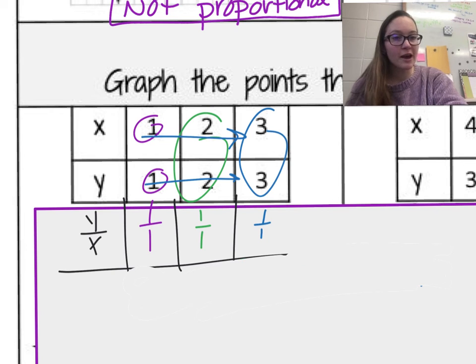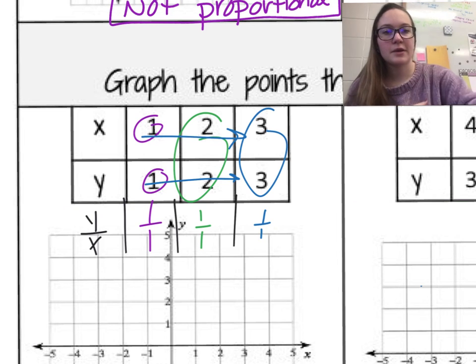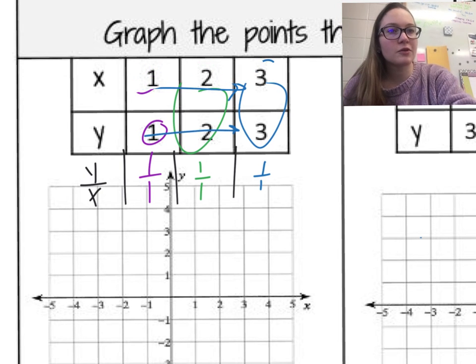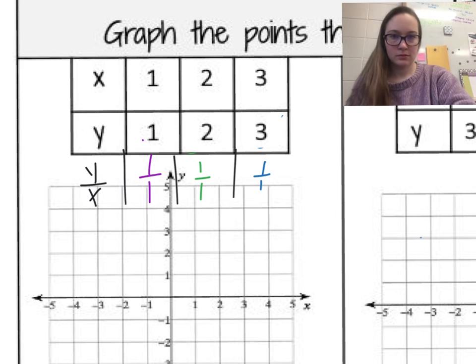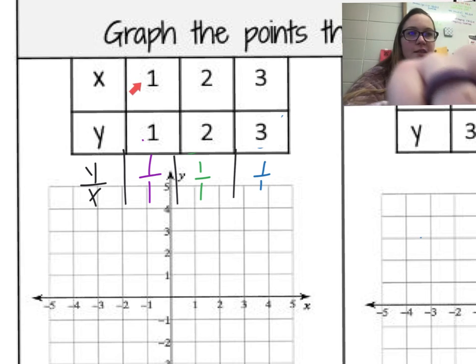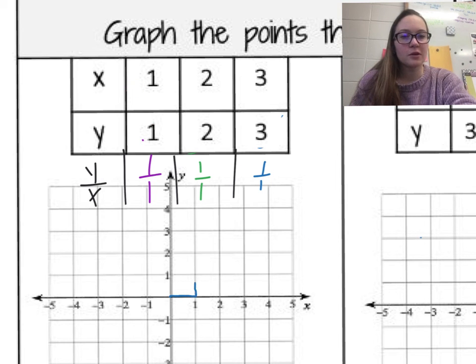So you can check it with a graph, or check it with a table. We'll also practice checking it with a graph. Okay. So I'm going to graph my points, x, y. So starting at the origin, my first point, x is 1, y is 1. So I go to positive 1, my point goes there.